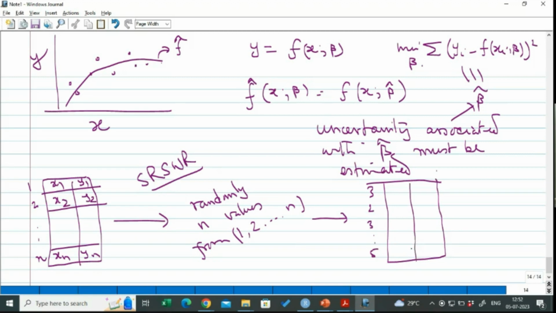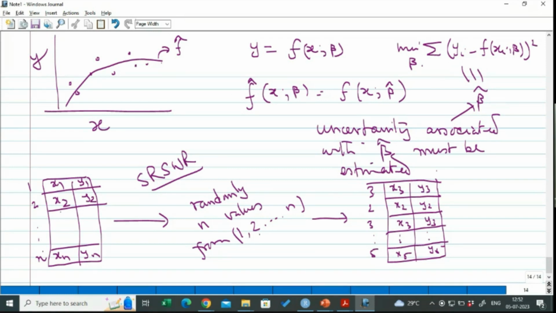So you create a new data set. 3 means the third row. Here it will be x3, y3, then x2, y2, then x3, y3, then x5, y5. You see that some of the rows appear again over here because it is sampling with replacement.